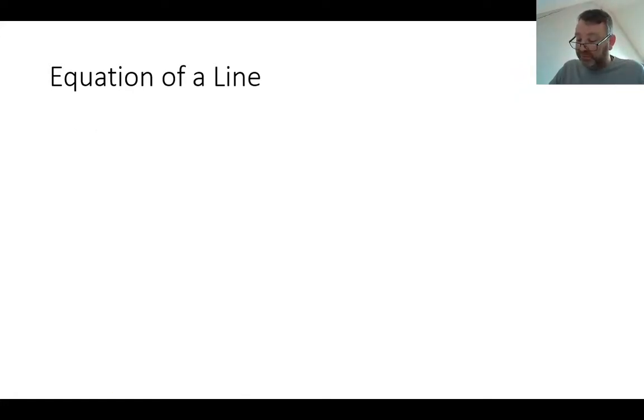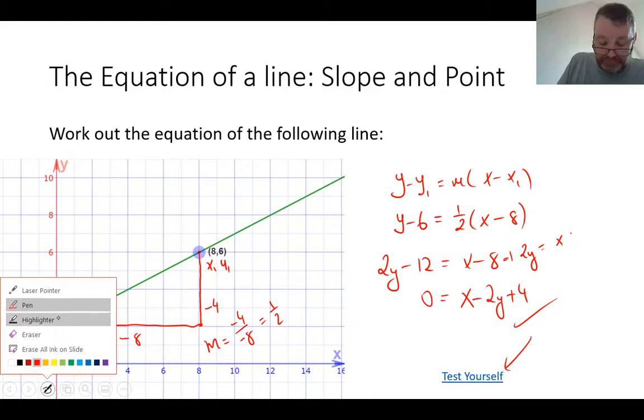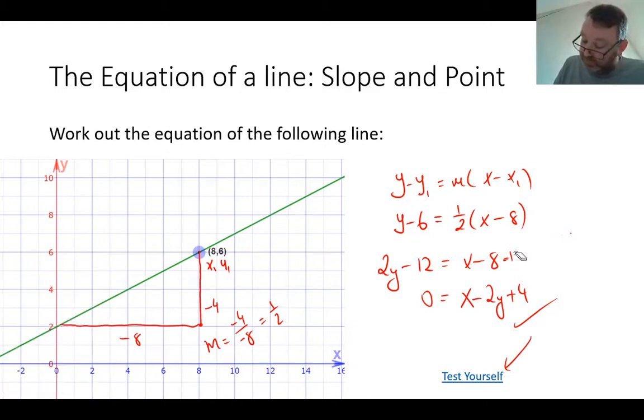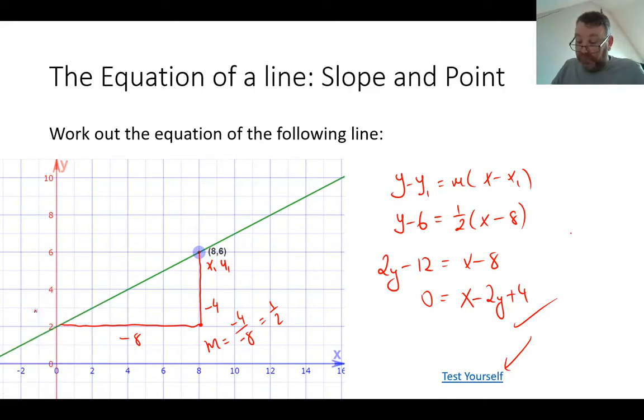Let's just go back to the previous slide there for a second. We could take this now and we could actually say the following. Look, we could say 2y is equal to x minus 8 plus 12 would be plus 4. Okay, so take this one. What would we have here?